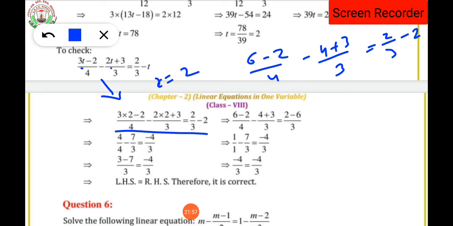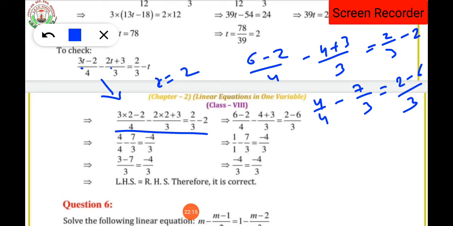Clear? Now 6 minus 2 is 4. So 4 upon 4 minus 7 upon 3, because 4 plus 3 will be 7, is equal to here 2 minus 6 upon 3.